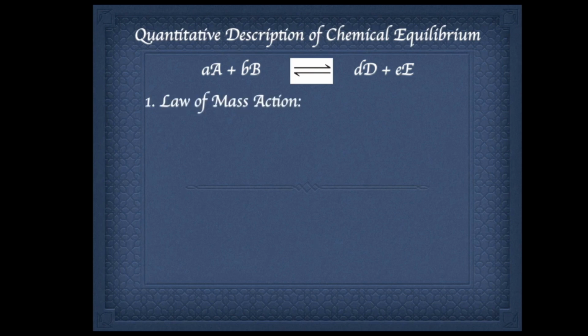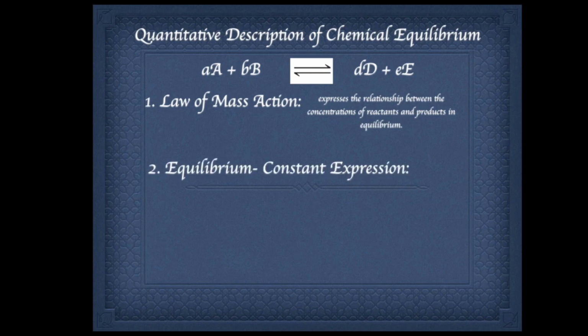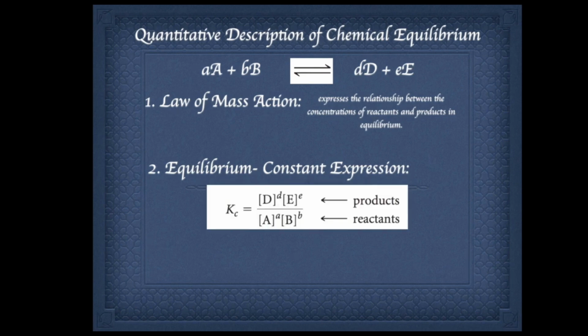So the law of mass action actually expresses the relationship between the concentrations of reactants and of the products once you have reached equilibrium. So specifically, the equilibrium constant expression demonstrates the relationship as expressed by the law of mass action.